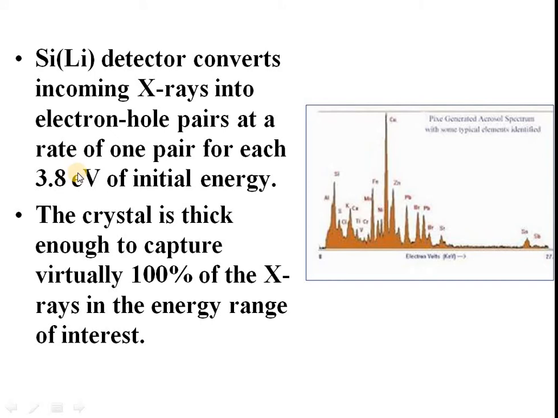Suppose your incident photon has 38 eV of energy, it can produce 10 electron hole pairs. Accordingly, the peak height will increase, because 10 electron hole pairs means there will be a proportionate amount of current in the output. So current leads to pulse heights.